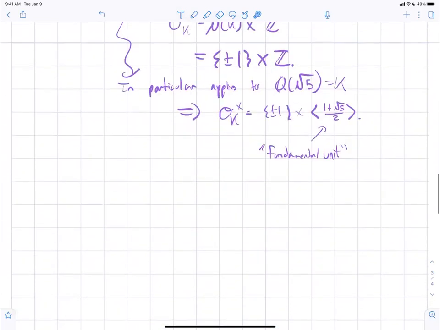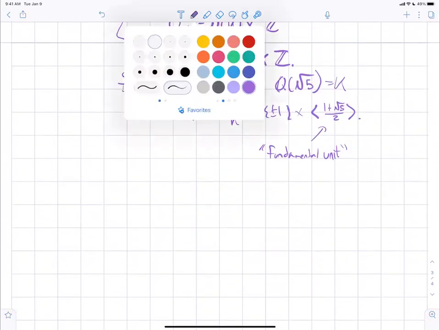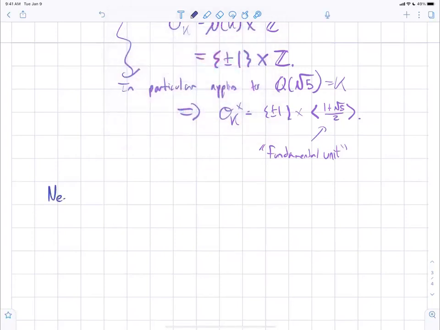So we need to show, to summarize, that we know this torsion subgroup is equal to the roots of unity in K and is cyclic of finite order.